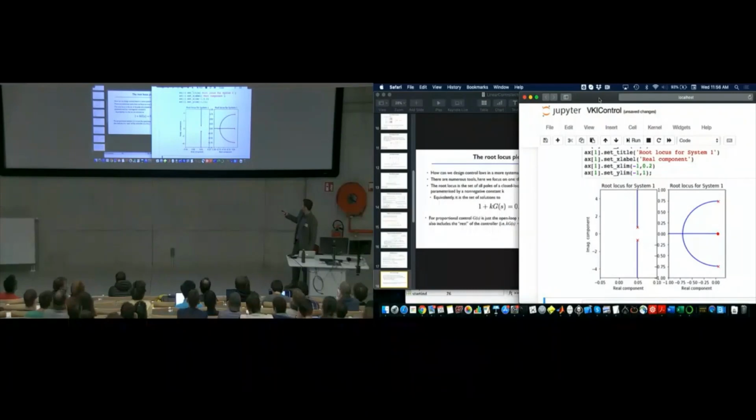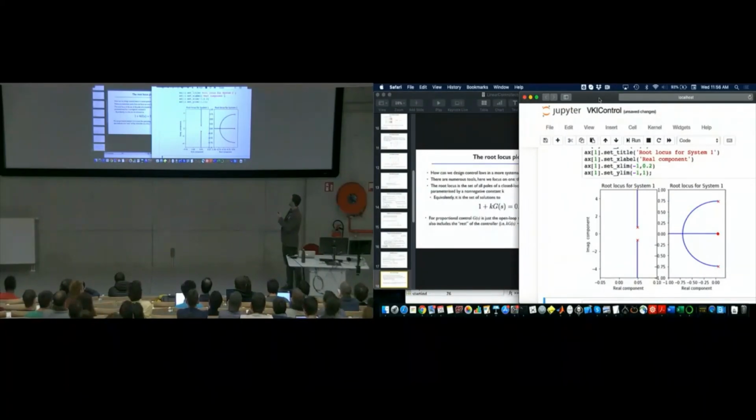And so we see for system one, remember this is the system that we weren't able to control, or that was still unstable when we used our simple k equals 1 proportional feedback. We see that the eigenvalues are along these blue lines, which we observe never cross into the left half plane. So that's consistent.